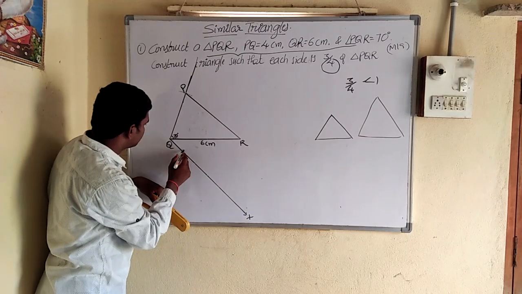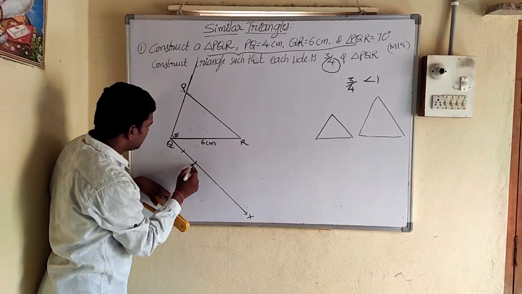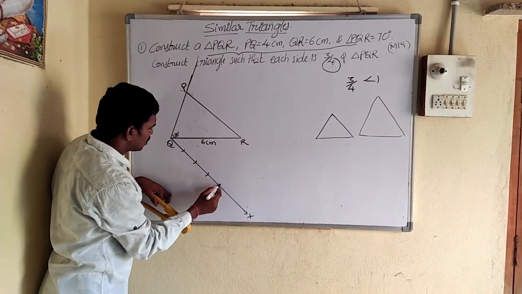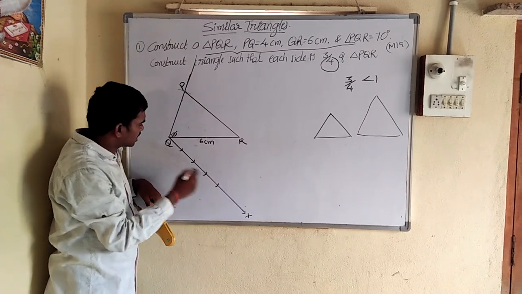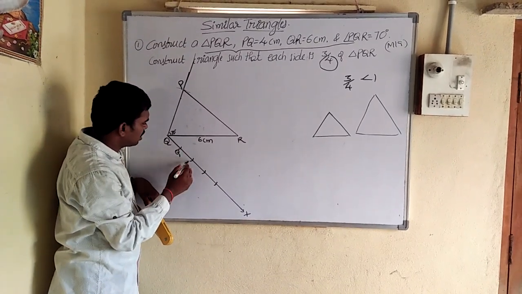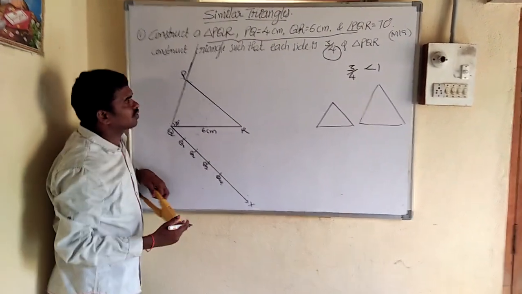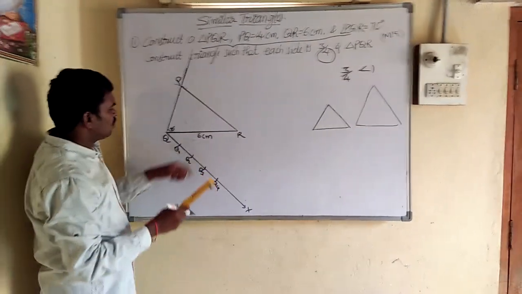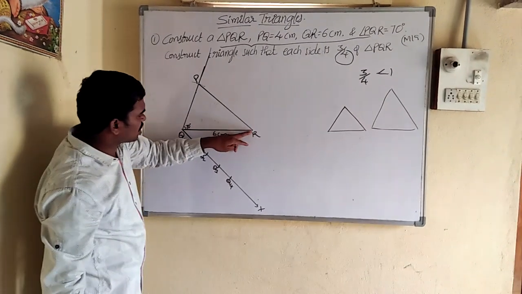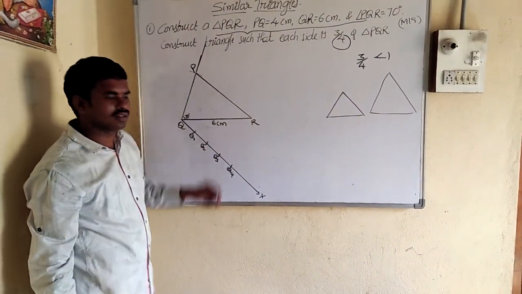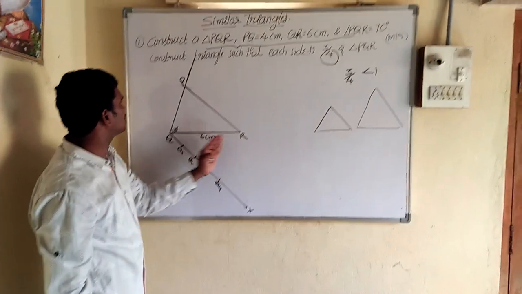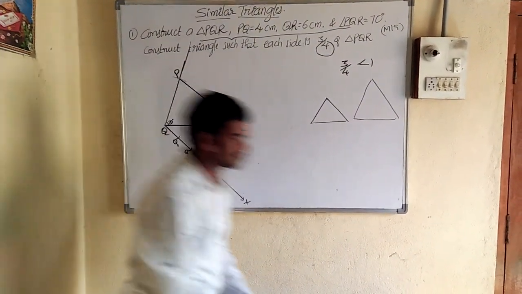With the compass we have to draw like this. These points are taken as Q1, Q2, Q3, Q4. Next, join Q4 and R. So this is Q4R, the required line.